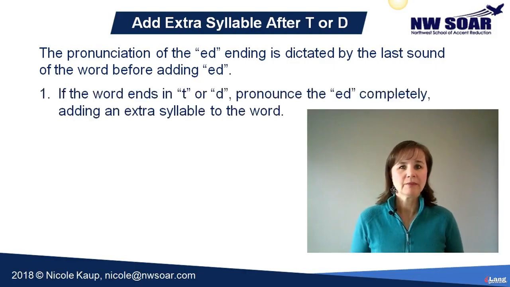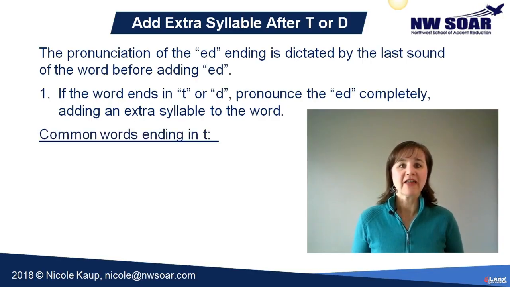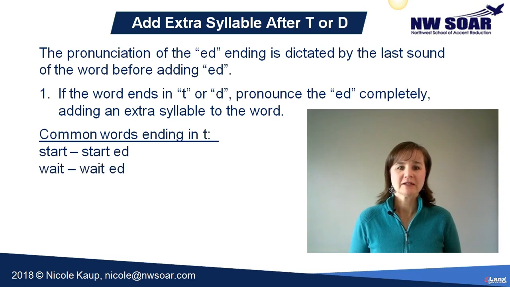Rule number 1: if the word ends in a T or a D, pronounce the ED completely, adding an extra syllable to the word. Here are some common words that end with T. Start. You'll pronounce it started. There should be 2 syllables because this word ends in a T. Wait.